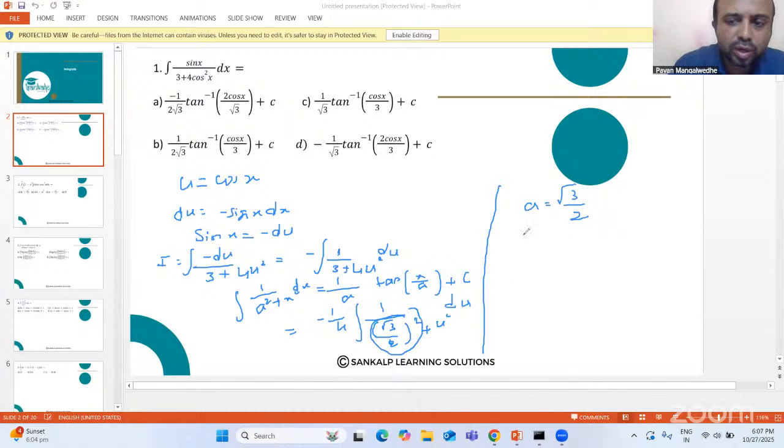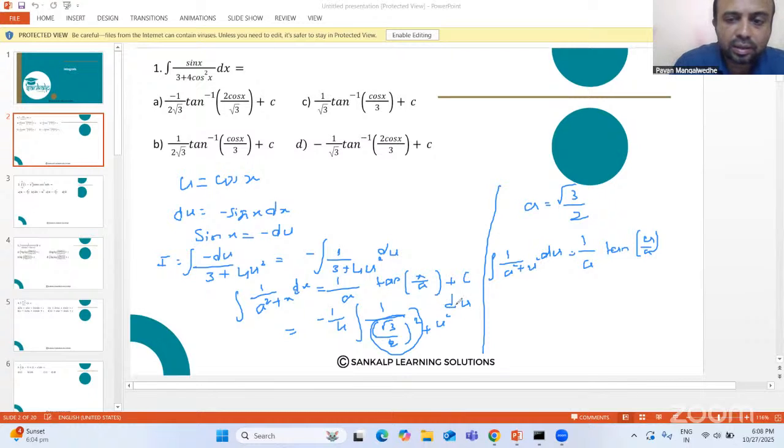This whole term you can treat as a, then it will be 1 by a square plus u square du, which is 1 by a into tan inverse of u by a. Wherever a is there, replace it by root 3 by 2.